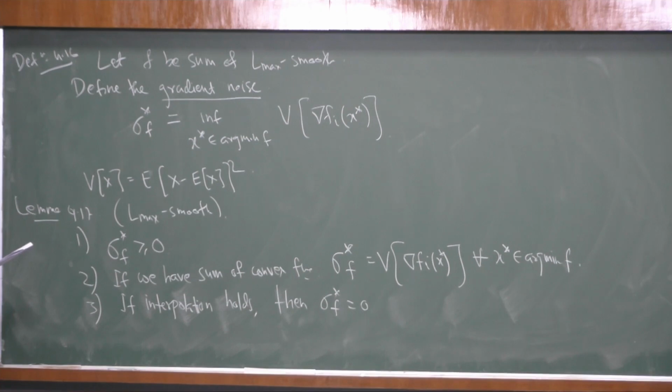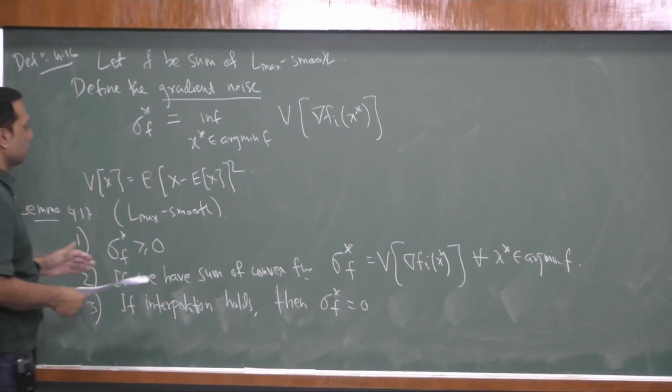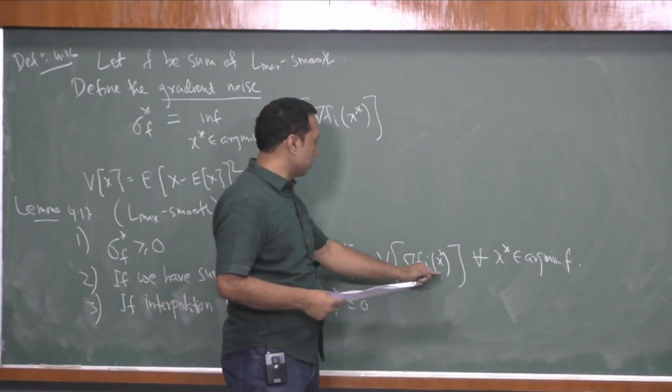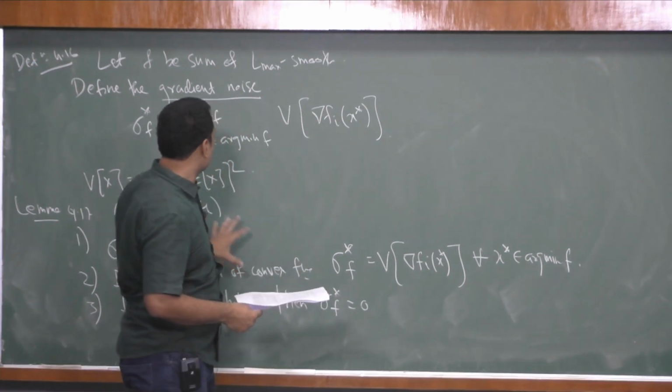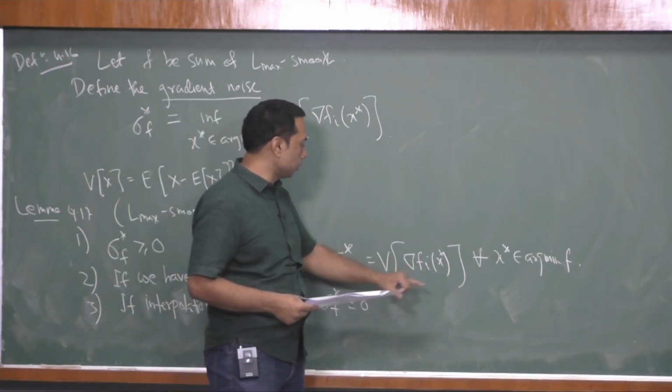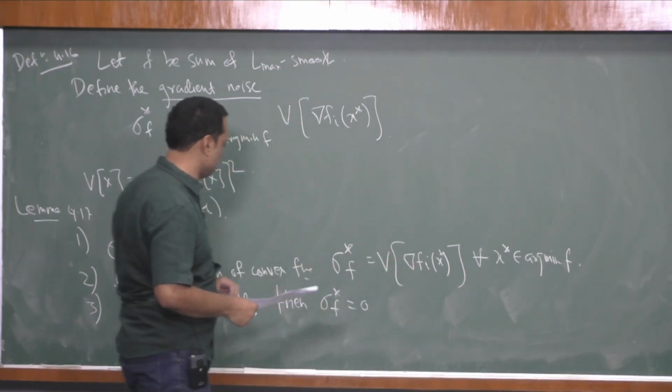If it was a deterministic case, then the gradient itself vanishes, right? Because x star will be the infimum of f_i, and in that case if f_i are differentiable, then you can say grad f_i becomes 0. Now in the cases where you have randomness, instead of saying grad f_i becomes 0, you are saying the variance of that is 0.